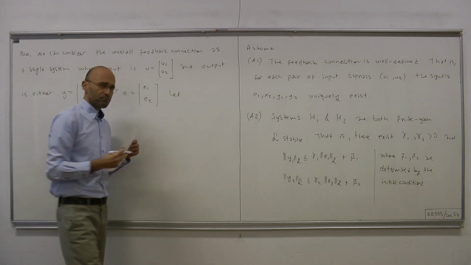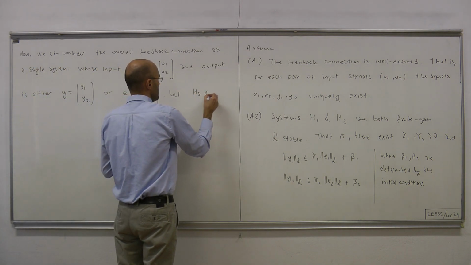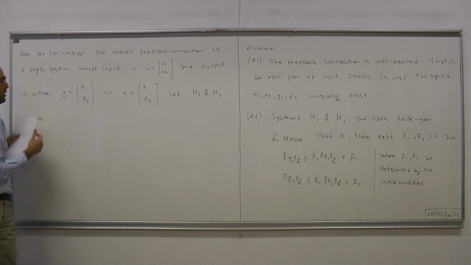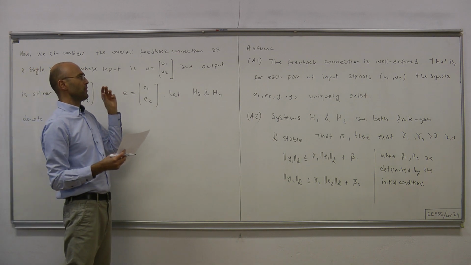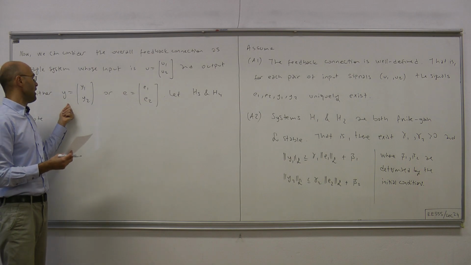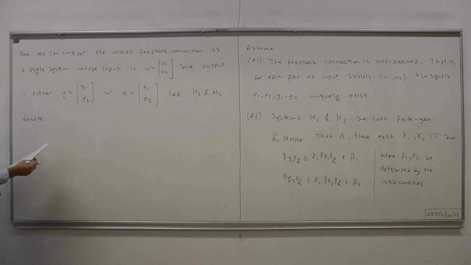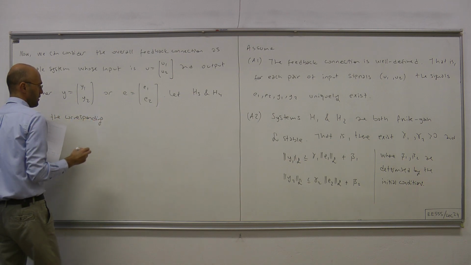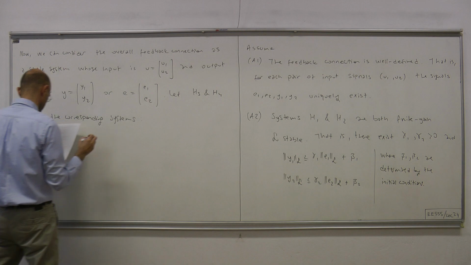Having introduced our new notation, let H3 and H4 denote the overall systems for the two possibilities, either for the output taken as this or taken as this. So let H3 and H4 denote the corresponding closed loop aggregate systems.